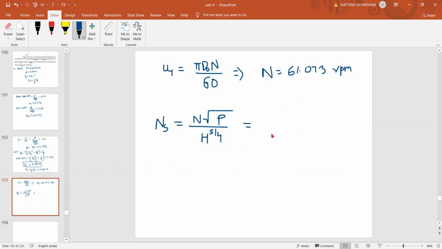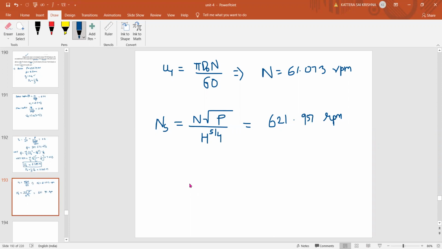Substitute the values there and then substitute the value of H to find the specific speed. It comes to 621.957 RPM, which is your specific speed.